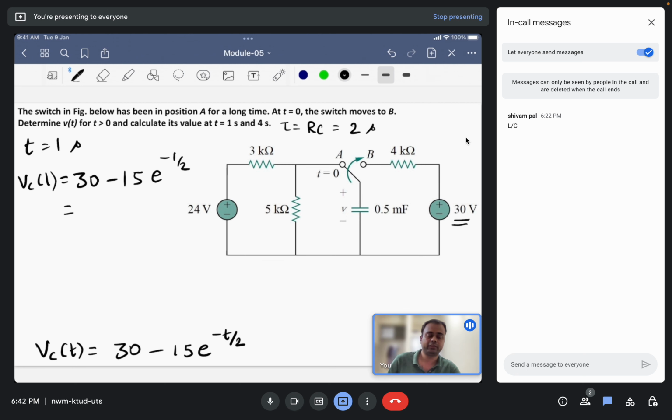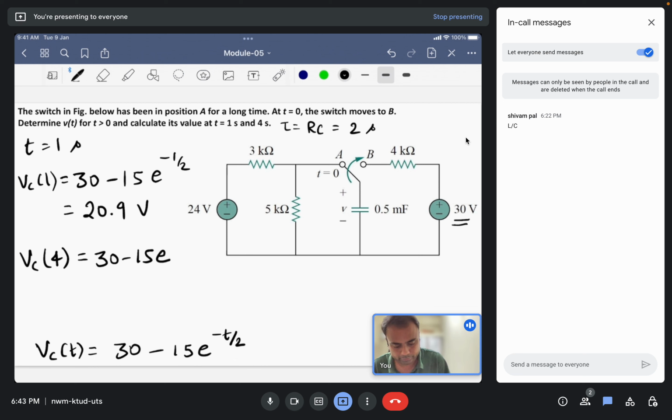So just simplify the value, use your calculator. So 30 minus 15 times exponential to the power minus 0.5 comes out to be 20.9 volts.